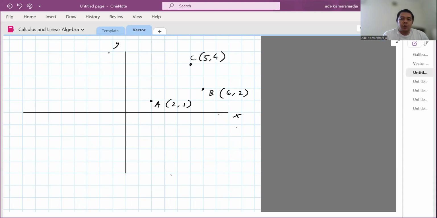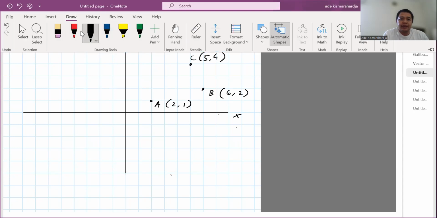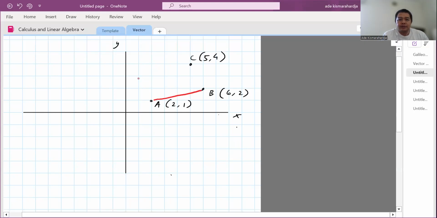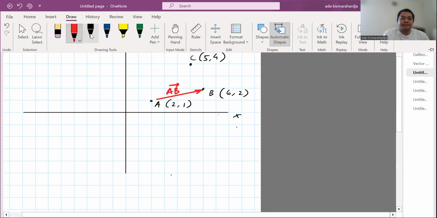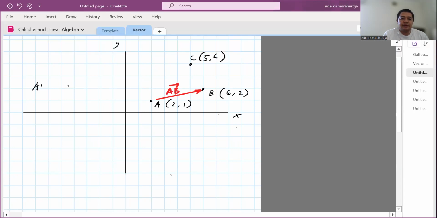Now, what happens is when you have 2 points, for example, A and B here, you can have a vector coming from A to B. So that's the first vector I have here, a vector coming from A to B. Let's call it AB. So what is a vector from one point to another point?